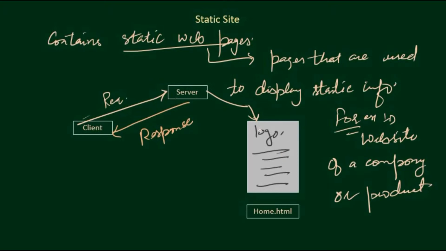So the page is pre-built. We do not have to generate the page at runtime. The page is pre-built and resides on the server, and whenever the server gets the request, it responds with the page. Now, what is a dynamic site?